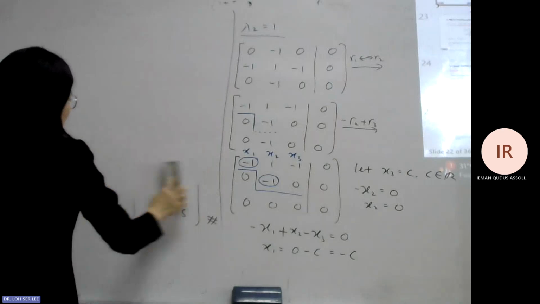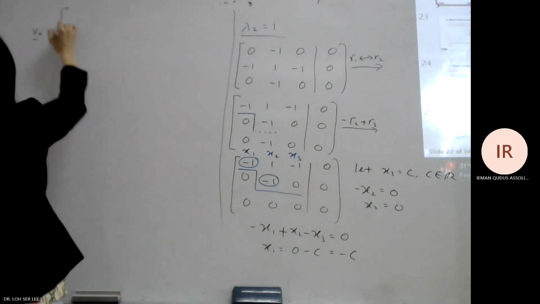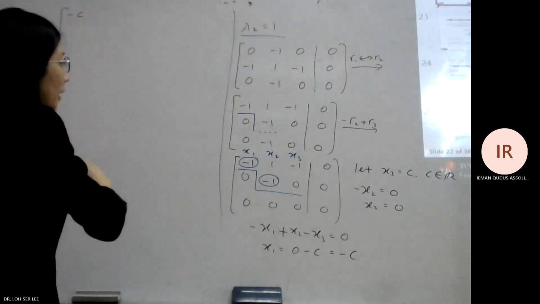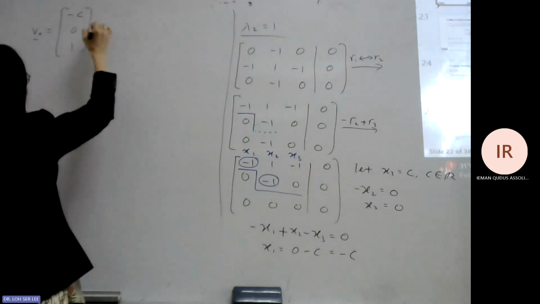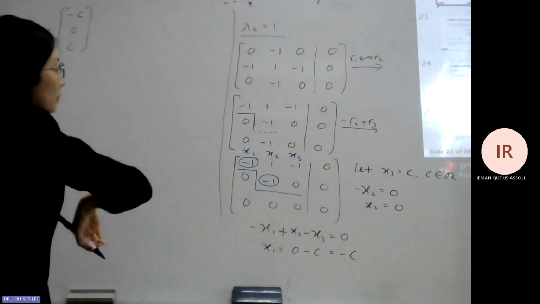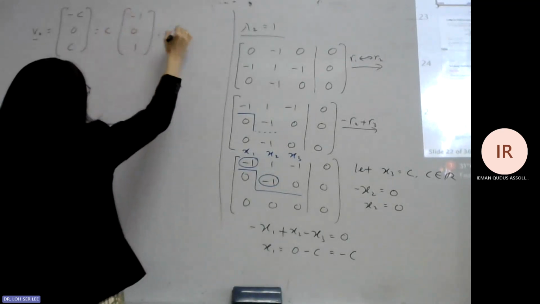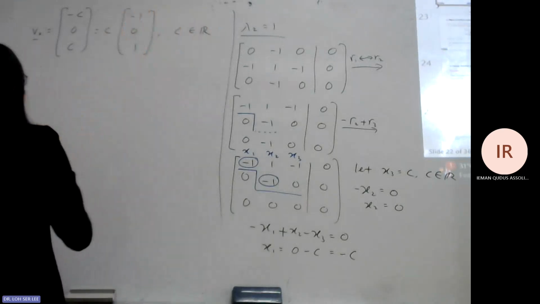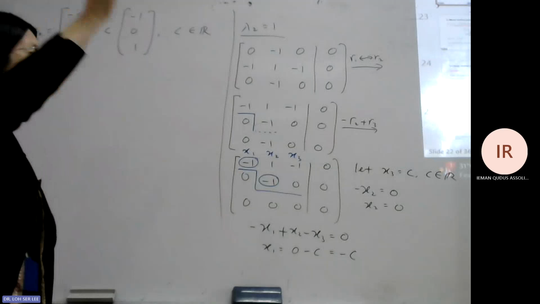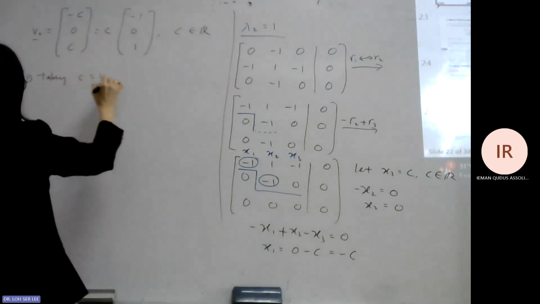Okay, for your v2, v2 is x1, x2, x3. Then we have to let c be 1.